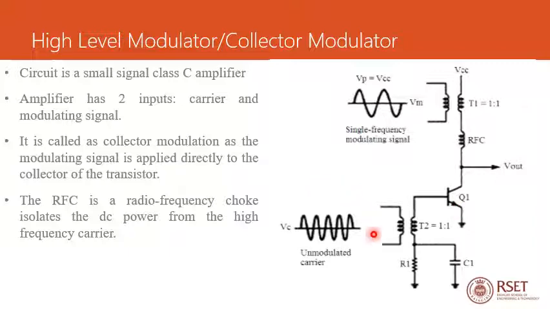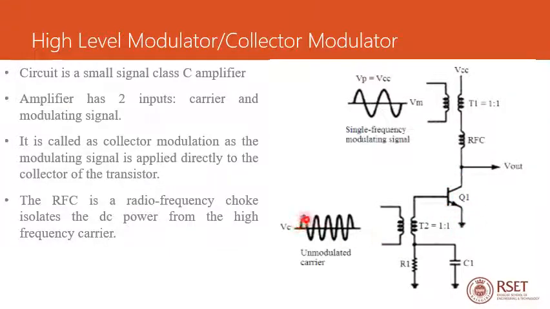So this unmodulated carrier will control the turn on and off position of this transistor Q1. We already know that in order to switch on this transistor, the carrier amplitude should exceed the barrier potential of this Q1. If it is a silicon transistor, the barrier potential will be 0.7.